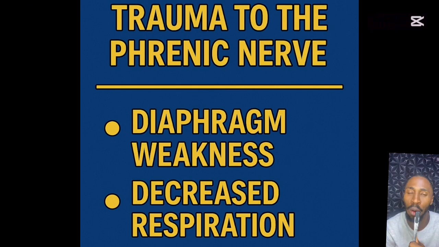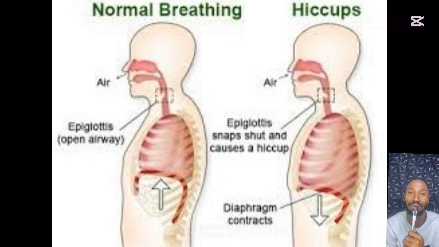The next is hiccup. You might feel hiccups sometimes, and hiccups can be normal or pathological. A hiccup is just an involuntary spasmodic contraction of the diaphragm, accompanied by closure of the glottis. You get it now? It's usually a result of eating or drinking, which can cause irritation to the phrenic nerve or the diaphragm. So the diaphragm starts contracting uncontrollably, and the glottis starts closing.